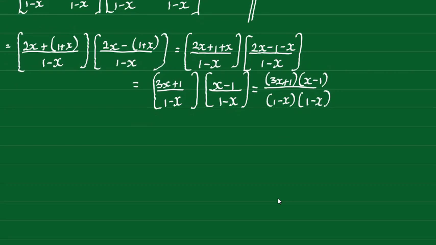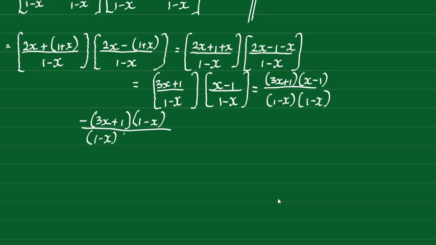Next we factor out minus from our numerator to enable us to cancel out 1 minus x at our denominator. So if we factor out minus from our numerator, we're going to have minus (3x plus 1)(1 minus x), with x going backward and 1 coming forward, divided by (1 minus x)(1 minus x).